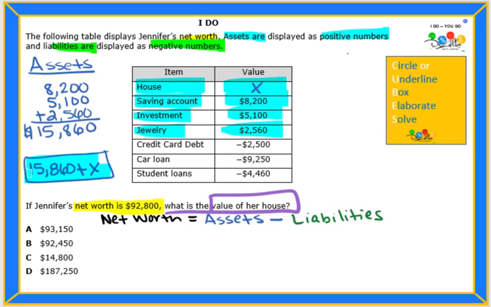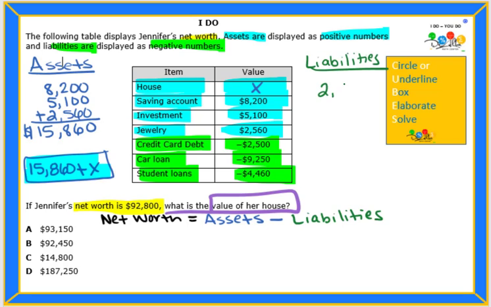Okay, now let's look at the liabilities. Credit card debt, car loan, and student loans. Things that we have to pay back to others. Let's go ahead and find out what that total is. 2,500, 9,250, and 4,460.